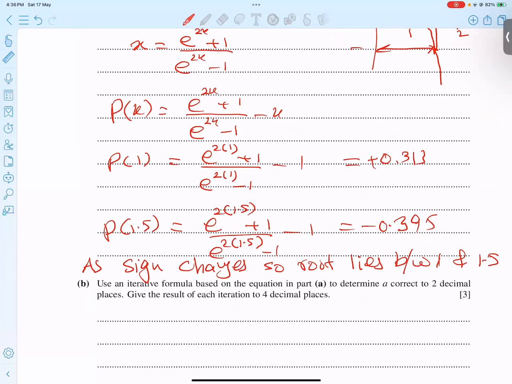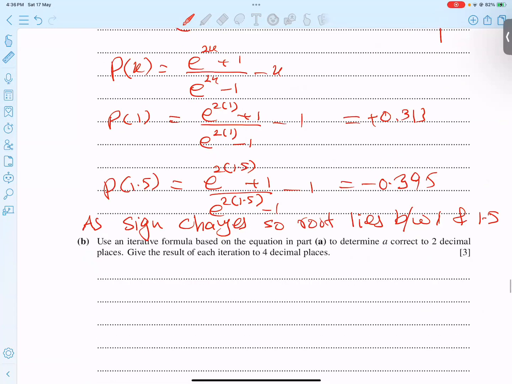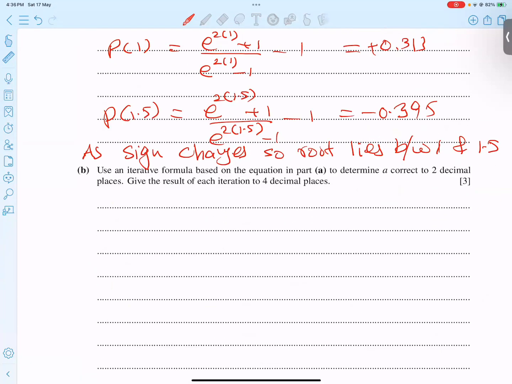And did he mention an initial value? No. Whenever the initial value is not mentioned, what to do? We take the average of these numbers. So x1 is, or you can say a1 or x1, no problem, 1 plus 1.5 divided by 2. And I'm getting 1.25 as the initial value.